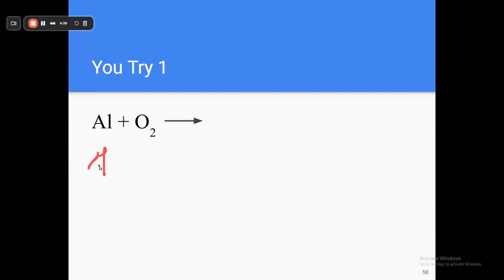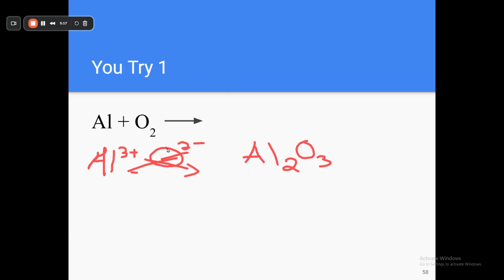Al becomes a 3+ because it has the 3 electrons it will lose. Again, we're looking at the oxygen, but not the O2 molecule, just an oxygen atom, and it would have a 2- charge. So looking at this, okay, 3 plus and 2 minus do not balance, so we need to do the switcheroo. And this gives us Al2 and O3. So that will be your product.